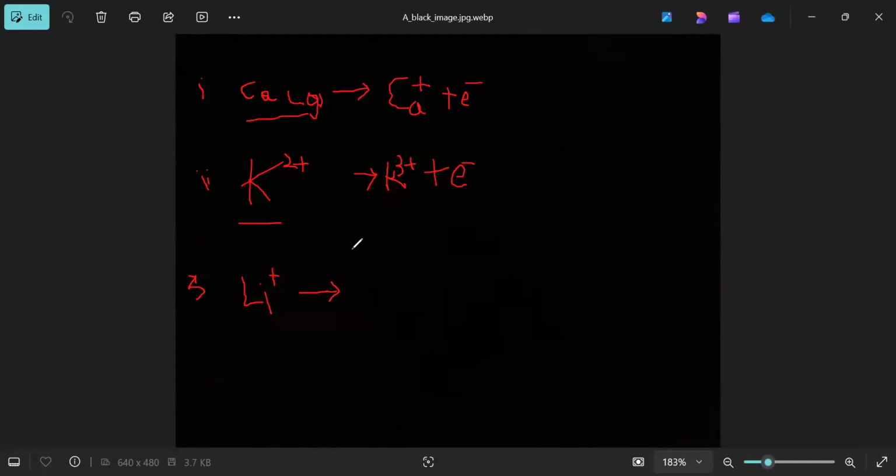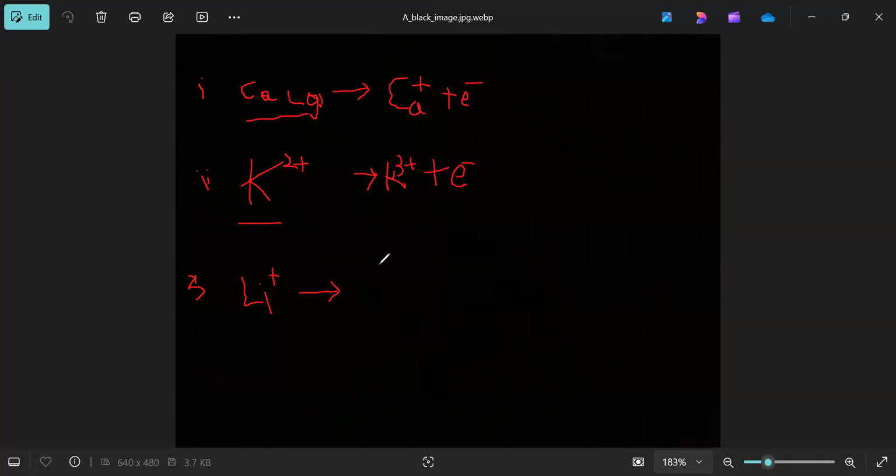I'm just going to explain this again. For the first ionization energy, the element doesn't have any charge. As you can see from calcium here, it doesn't have any positive charges at all because it hasn't gone through any ionization. But for lithium, because it's undergoing the second ionization energy, it already has a positive charge, since that's the outcome of the first ionization energy.